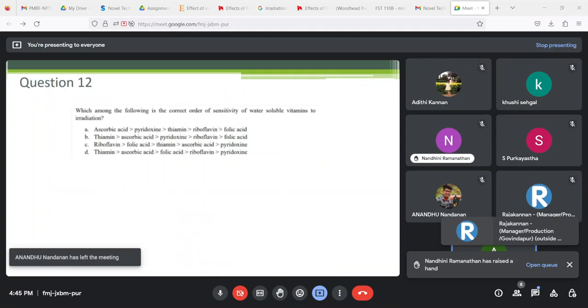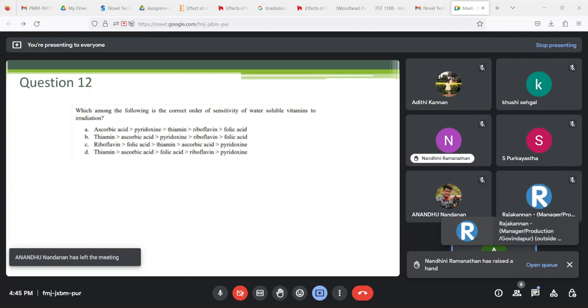Okay, moving on to question 12. Which among the following is the correct order of sensitivity of water-soluble vitamins to irradiation? You have ascorbic acid, pyridoxine, thiamine, riboflavin, folic acid.